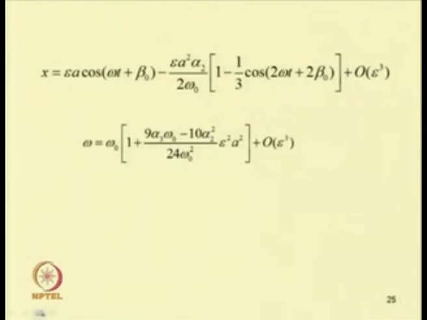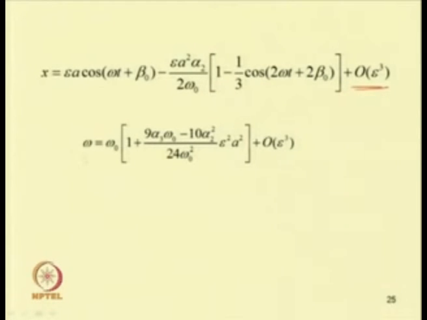So, one can note that the resulting solution becomes, with x equal to εx1 plus ε²x2, taking only the first two terms, x equal to εa cos(ωt plus β0) minus ε²a²α2 by 2ω0 into (1 minus 1 by 3 cos(2ωt plus 2β0)) plus order of ε³.